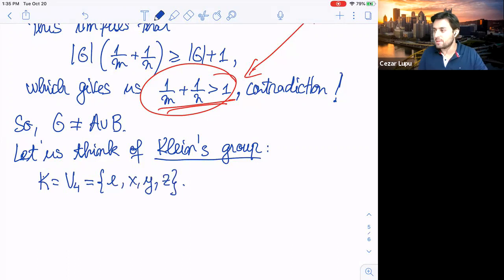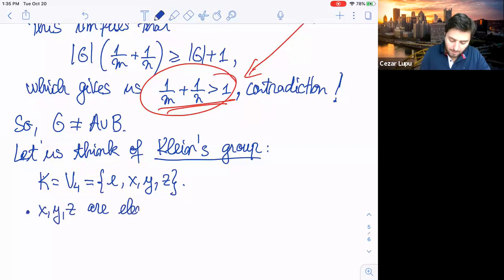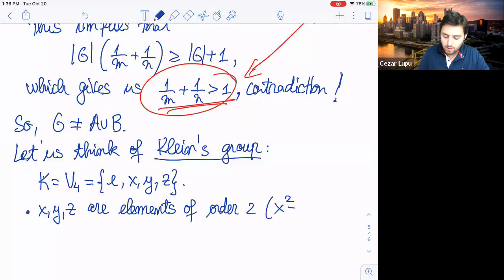But these have the following properties: the product of any two is the third one. x, y, z are elements of order 2. Basically, x squared is the same as y squared, is the same as z squared, is the identity.